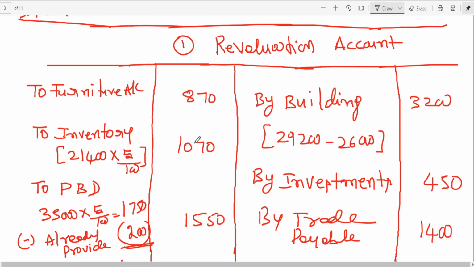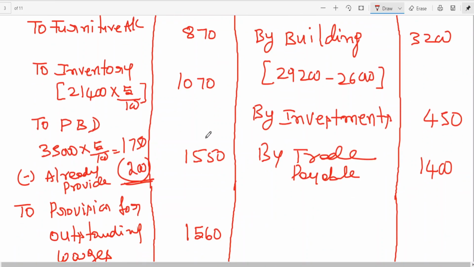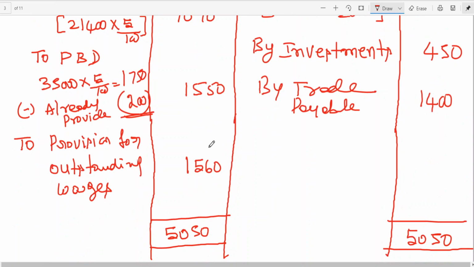Here also we are getting 50-50. That means both sides are equal.